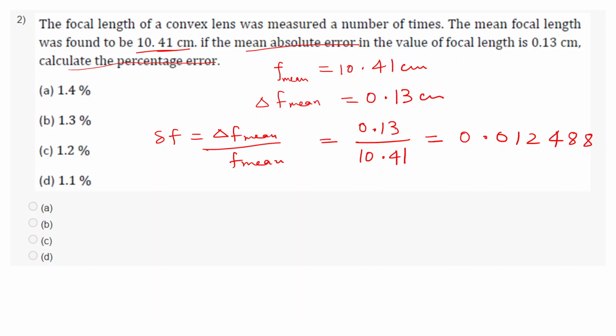Now again, using the rule of significant figures, we are dividing two numbers, and here the number of significant figures is 2, here the number of significant figures is 4, but we have to consider the one with the least number of significant figures, right? So here it's only 2, so our final answer should also have only 2 significant figures.